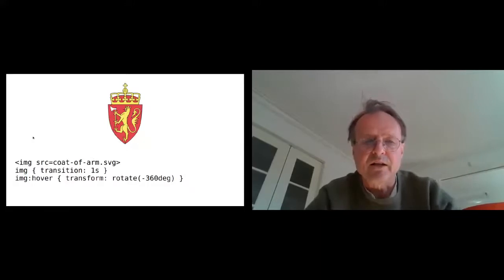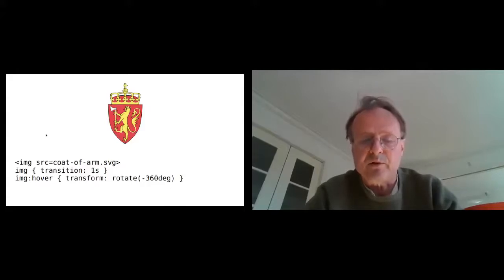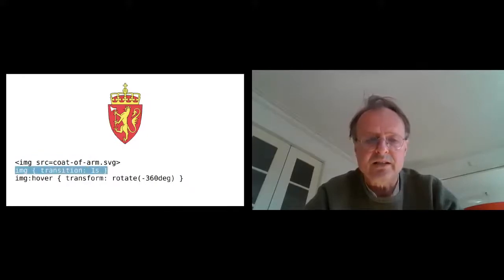And here's another one. This is CSS in combination with SVG, another format that was developed early on in the W3C community. By writing 3 lines of code, one is HTML code to reference the SVG image, and the other two are for setting a transition to 1 second, and then we write this line which says when you hover over the image, you should transform it.